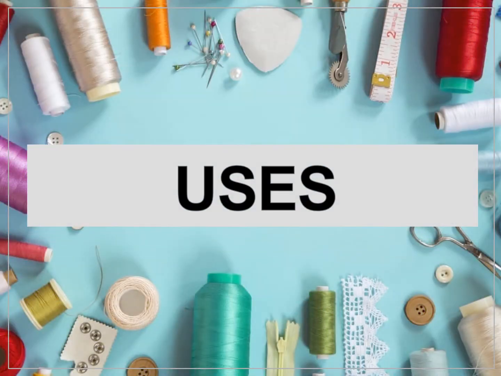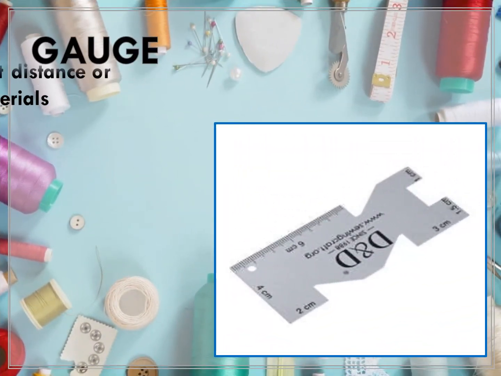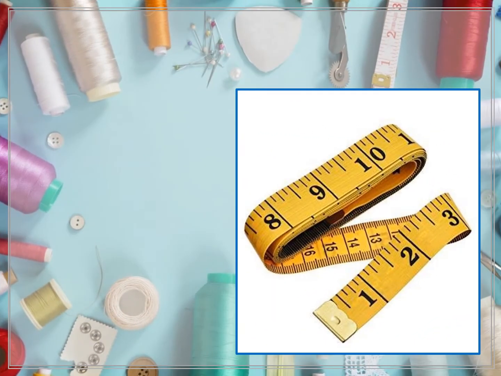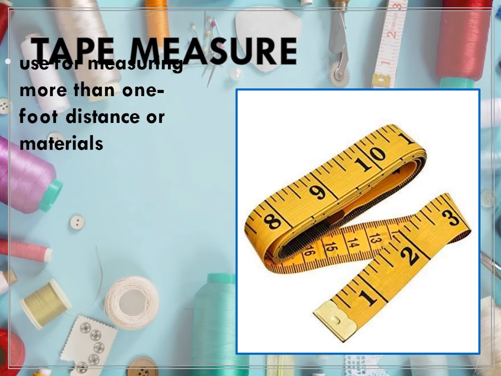Now, to their uses. Gauge. Gauge is used for measuring less than 1 foot distance or materials. Tape measure.